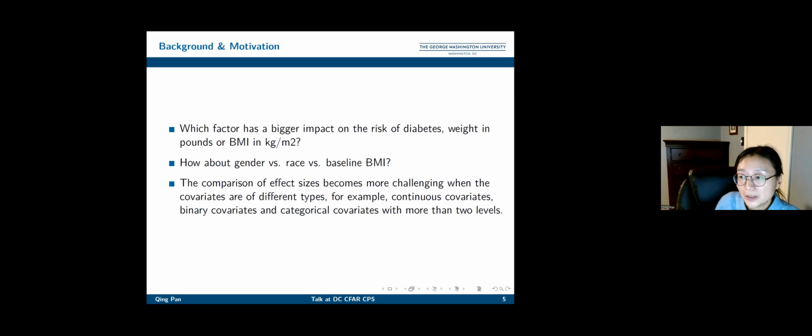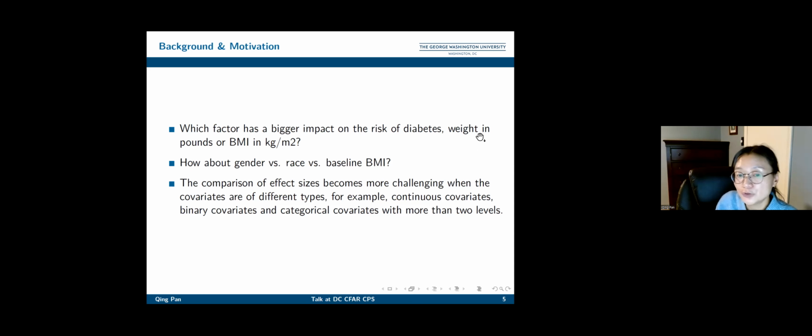In fact, it's a little ambiguous for statisticians, because when you say impact, the coefficient which measures the impact in regressions usually has a unit, right? Your coefficient will change if your covariate units change.